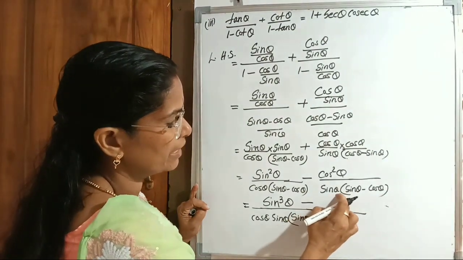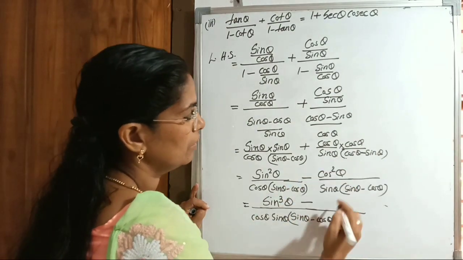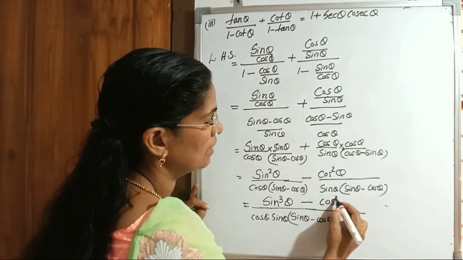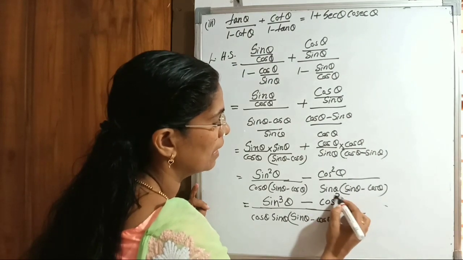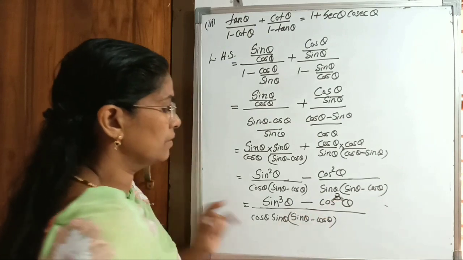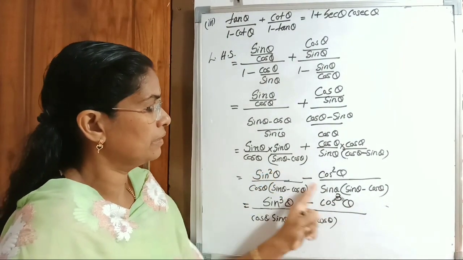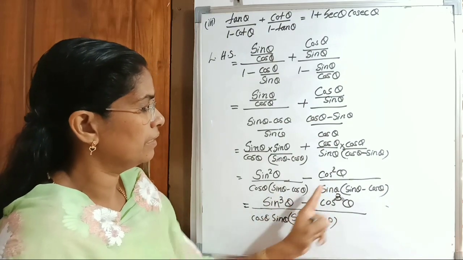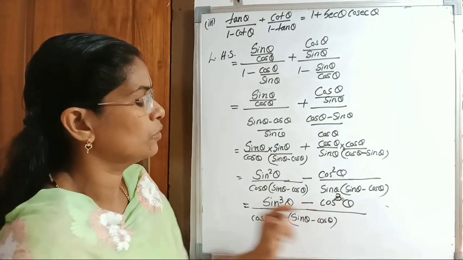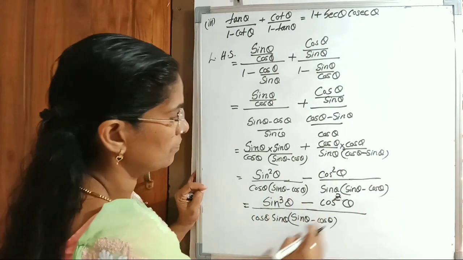Cos theta is not there. So multiply cos square theta with cos theta. It becomes cos cube theta. Clear this step? Sin cube, how is it sin cube? Sin square theta into sin theta is sin cube theta. Here cos square theta into cos theta is cos cube theta.